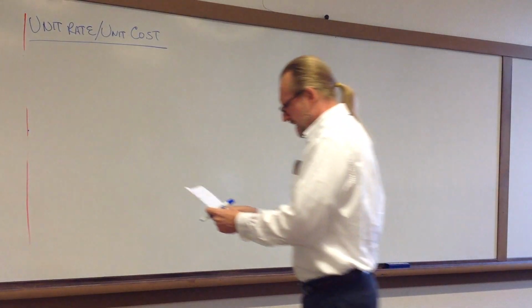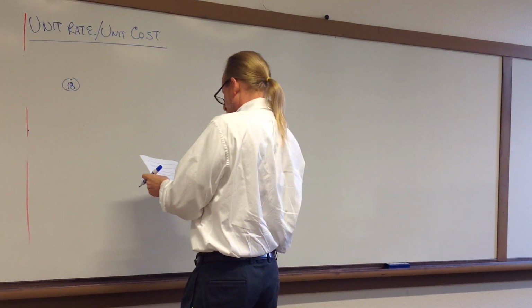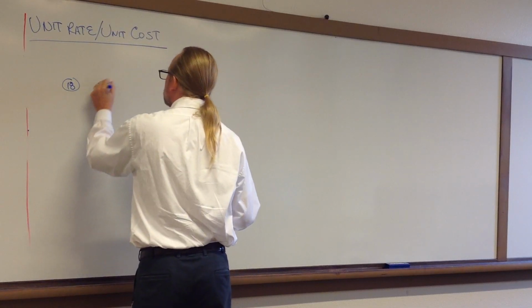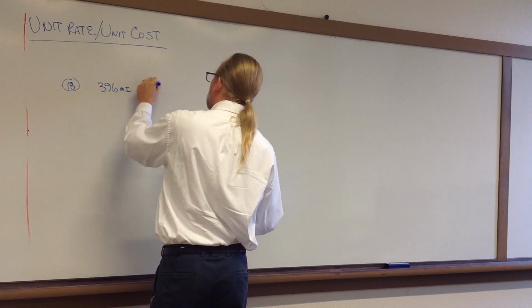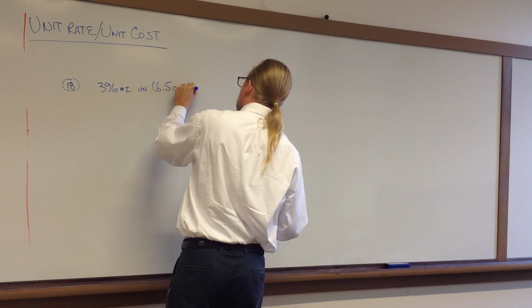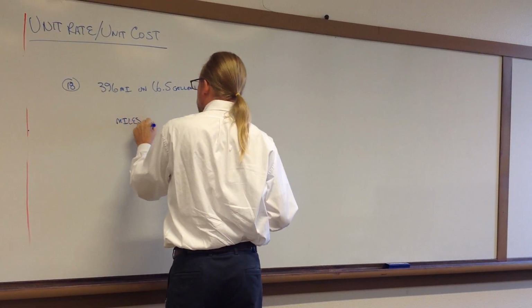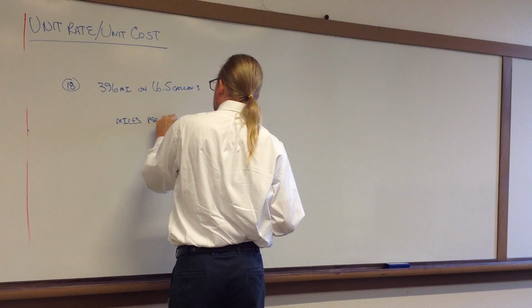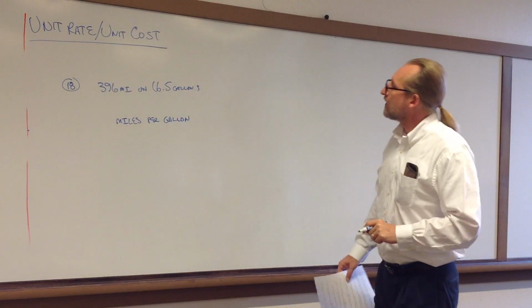Okay, problem 18. We have a vehicle that travels 396 miles on 16.5 gallons of gas. And we want to know how many miles per gallon is that going to be.